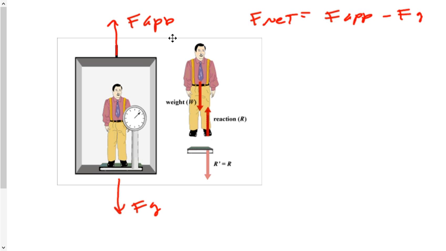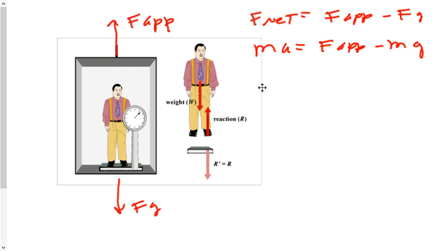When force applied is greater than force gravity, we will have an acceleration going upwards. When force applied is less than force gravity, we'll have an acceleration going downwards.